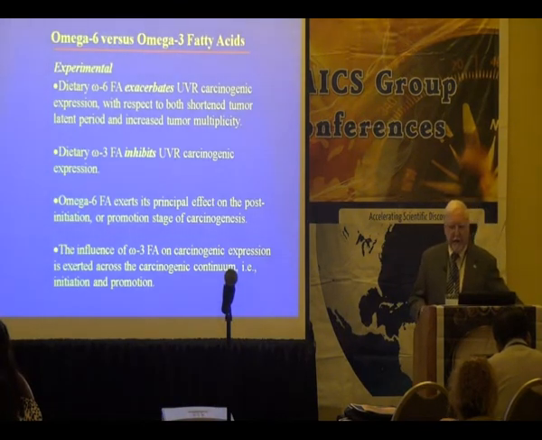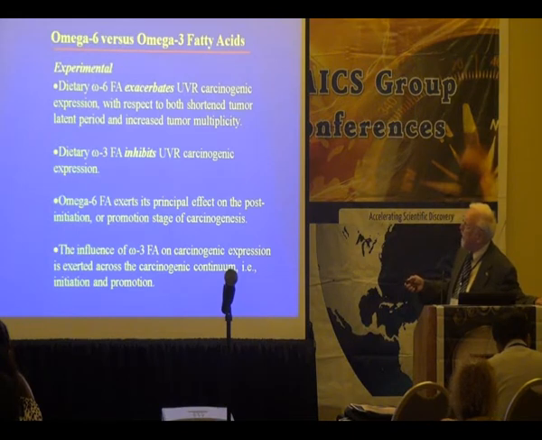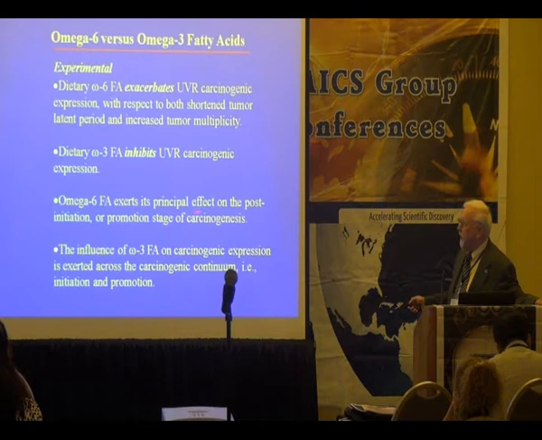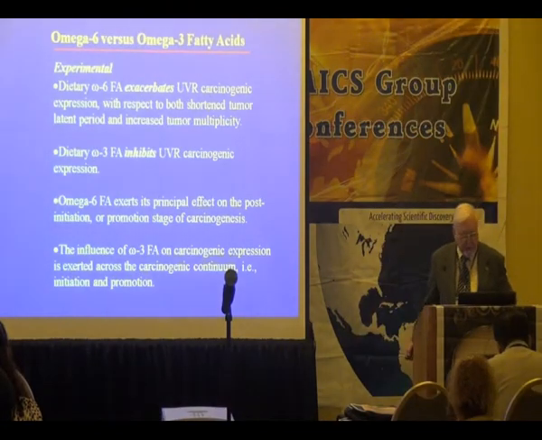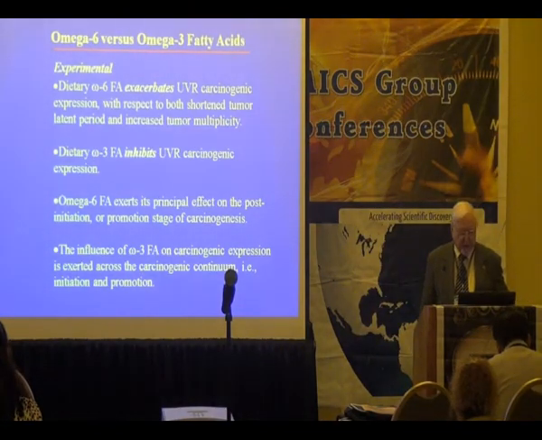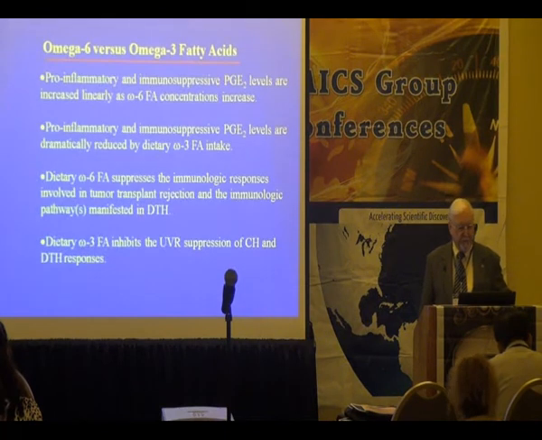Now, if you compare these experimentally, dietary omega-6 fatty acids exacerbate UV carcinogenesis, dietary omega-3 inhibits UV carcinogenic expression. Dietary omega-6 exerts its principal effect on the post-initiation or promotion stage of carcinogenesis, and the influence of omega-3 fatty acid on carcinogenic expression is exerted across the carcinogenic continuum, that is, in initiation and promotion.